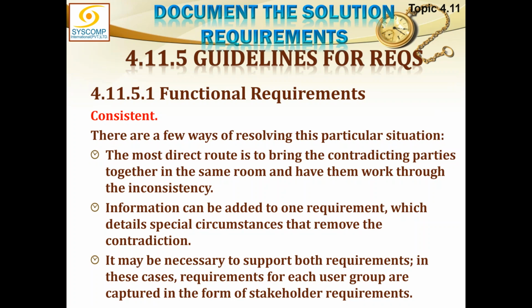Information can be added to one requirement which details special circumstances that remove the contradiction. So you can update the requirement. It may be necessary to support both requirements. In these cases, requirements for each user group are captured in the form of stakeholder requirements.